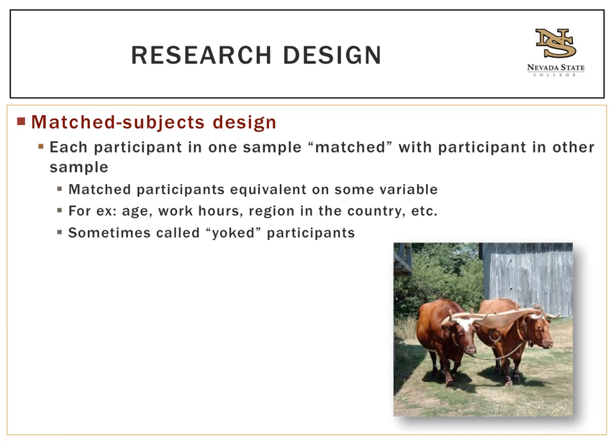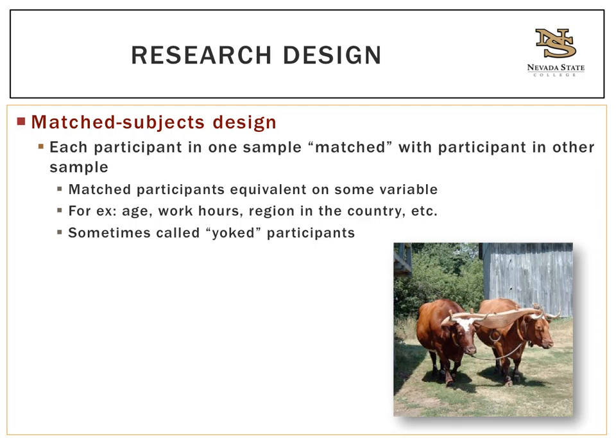So if they're pulling a cart, they have to go in the same direction. I like the word yoked because it brings to mind this contraption. I'm like, ah, yes, the participants are yoked. They are matched. They are going in the same direction. But I don't know if everyone thinks the way I do. In fact, I'm pretty sure not a lot of people do. But the matched subject design is also called the yoked subjects design.